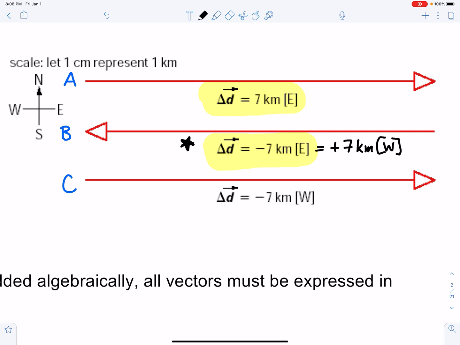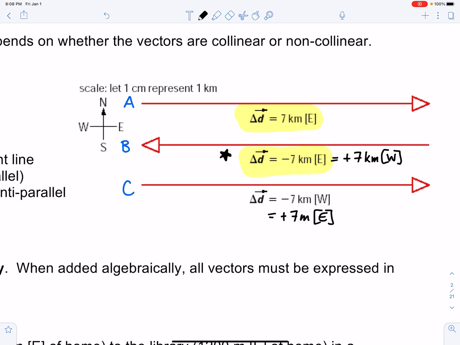So if we look at vector C, we can see that it's pointing east, but instead of writing it as east, they've written it as negative 7 kilometers west. So let's rewrite this as positive 7 kilometers east. Negative west is the same thing as positive east. Okay.